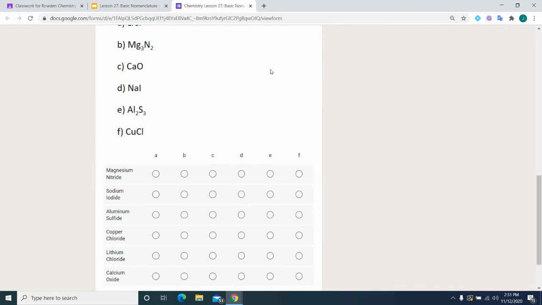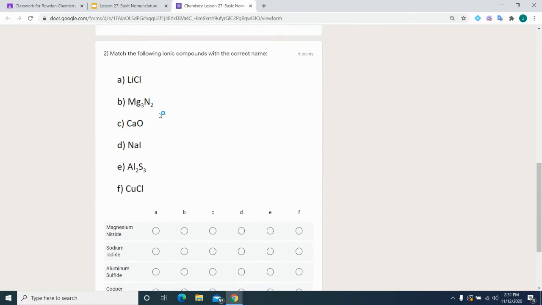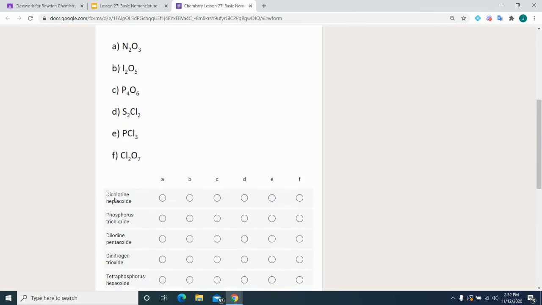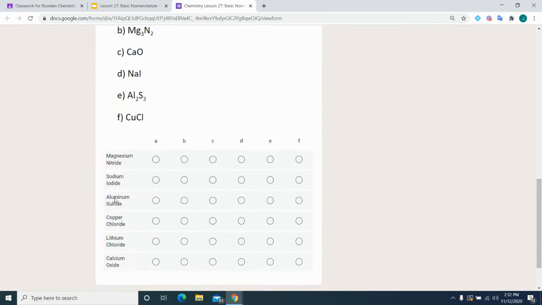For example, if I just say magnesium nitride and I give you a multiple choice of Mg3N2, Mg2N3, Mg3N, a bunch of choices, it'll be harder because you realize you have to actually balance it. And this is going to be kind of easy because you see magnesium and nitrogen, and there's only one option with magnesium and nitrogen. So you're able to shortcut and not balance it here. So I'll make sure in the future we have harder problems, so you at least try the harder version of this.